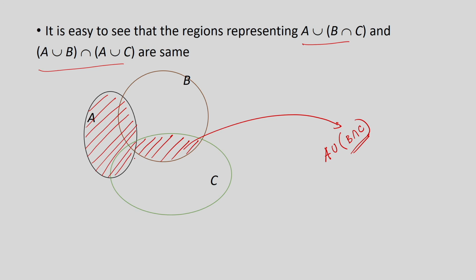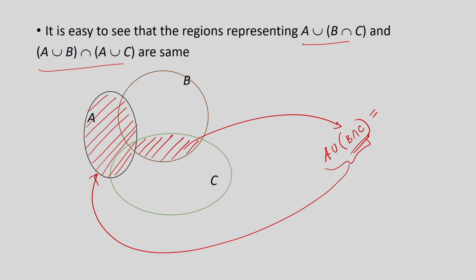Right. So, this red shaded region is what is B intersection C. Okay. So, this is the left hand side, mind you.